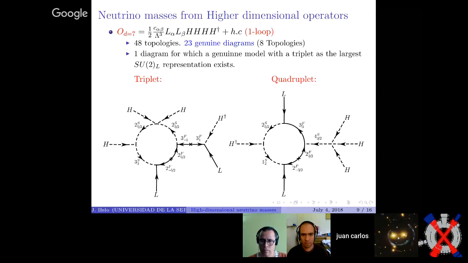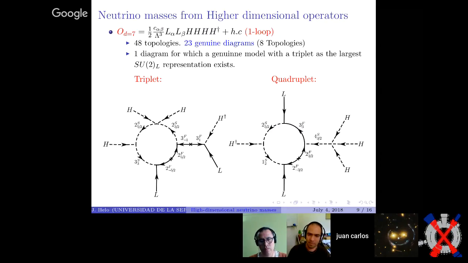So we are not saying that all the other cases are not important. We analyze one criterion, which is more or less saying that the couplings are of the same order, and under that criterion we define this genuine condition. But in principle, yes, you can have situations when the loop is more important than the tree level, only because some couplings you are putting very, very small in the tree level, for instance. Fantastic. Thank you very much.